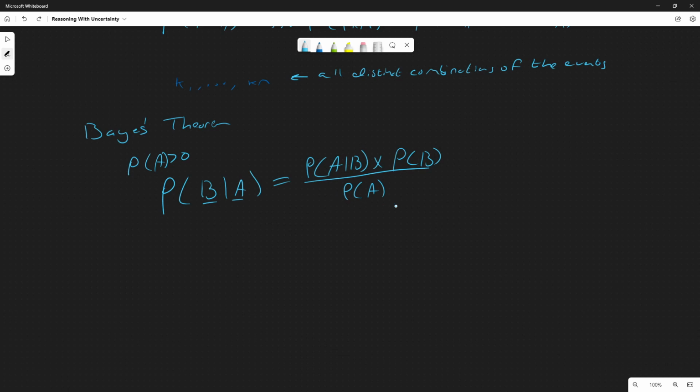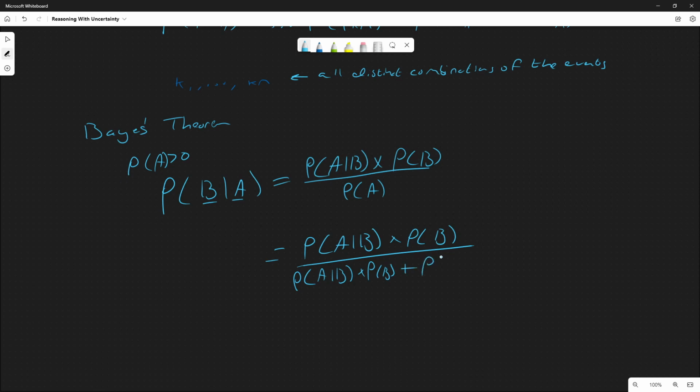There is an alternative version of Bayes' theorem, which states that this is also equal to everything the same on the top, but on the bottom, we have the probability of A given B multiplied by the probability of B, which is the same as on the top, I know, plus the probability of A given not B, multiplied by the probability of not B.